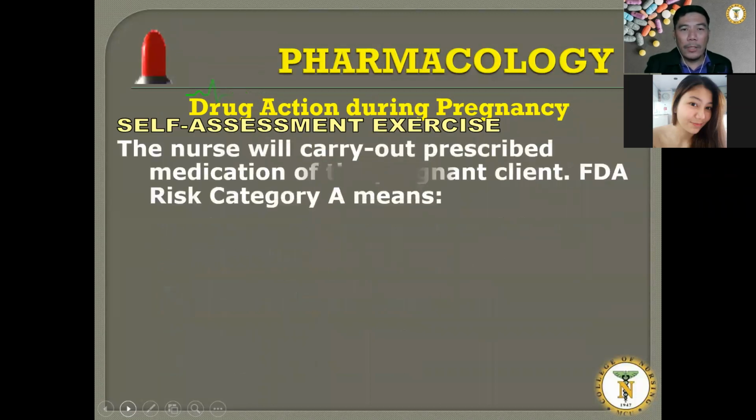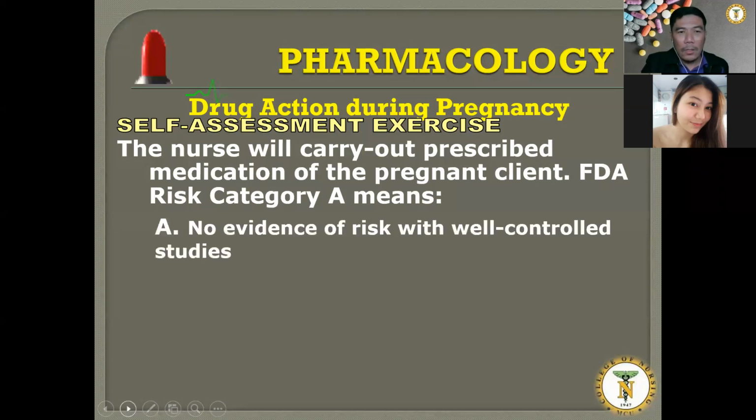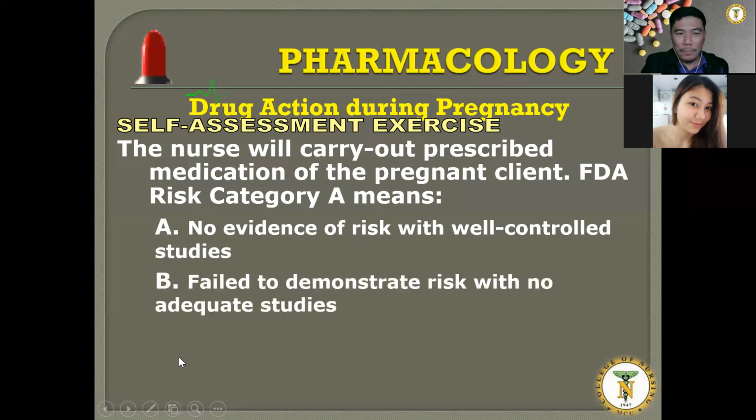This is all about the nurse who will carry out prescribed medication of the pregnant client. FDA risk category A means letter A, no evidence of risk with well-controlled studies. Letter B, failed to demonstrate risk with no adequate studies.